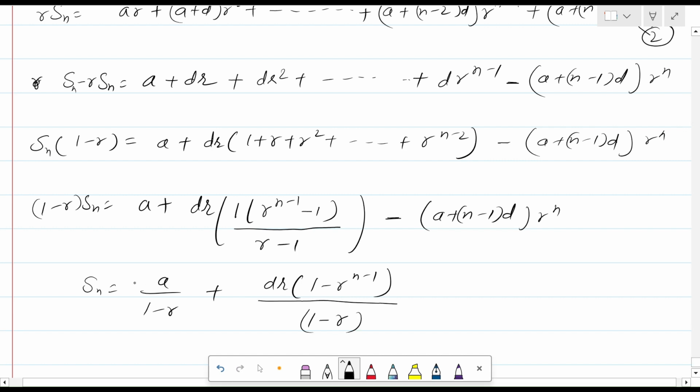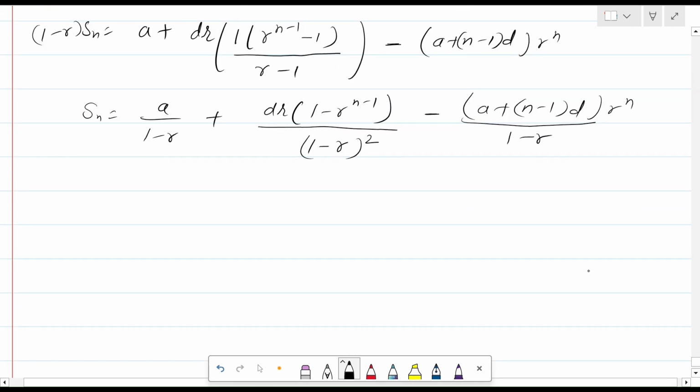And if I am dividing both the terms by 1 minus r, then what will it be? 1 minus r square, minus a plus n minus 1 d upon 1 minus r, r raised to the power n, where r is not equal to 1. So this is the formula of the sum of the arithmetic-geometric progression, AGP.